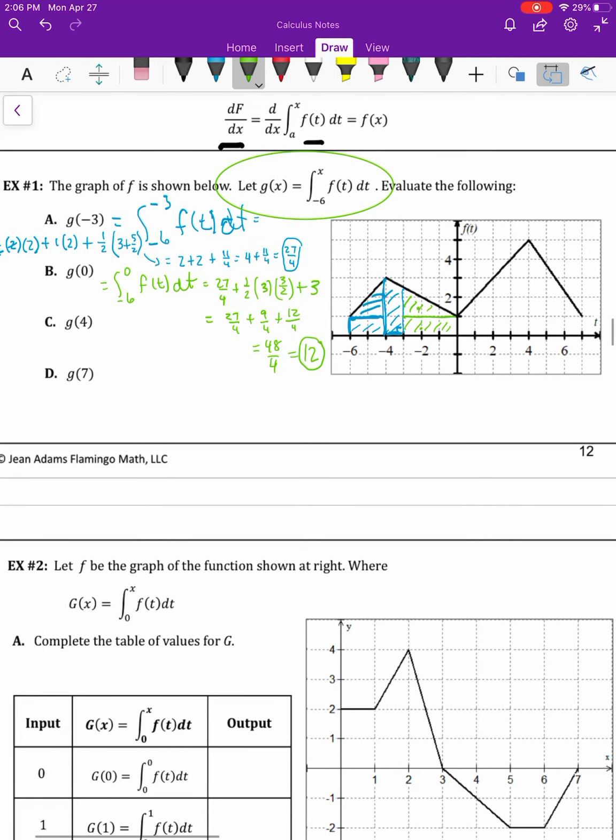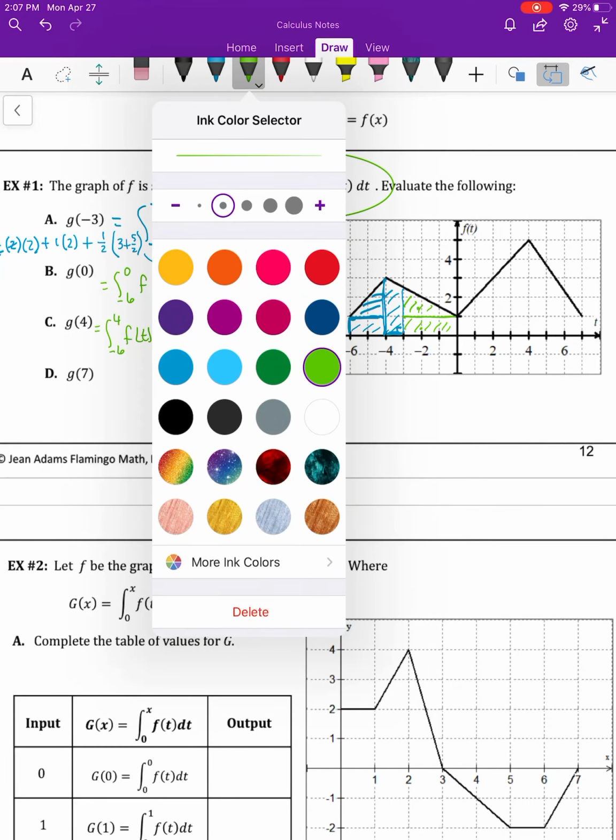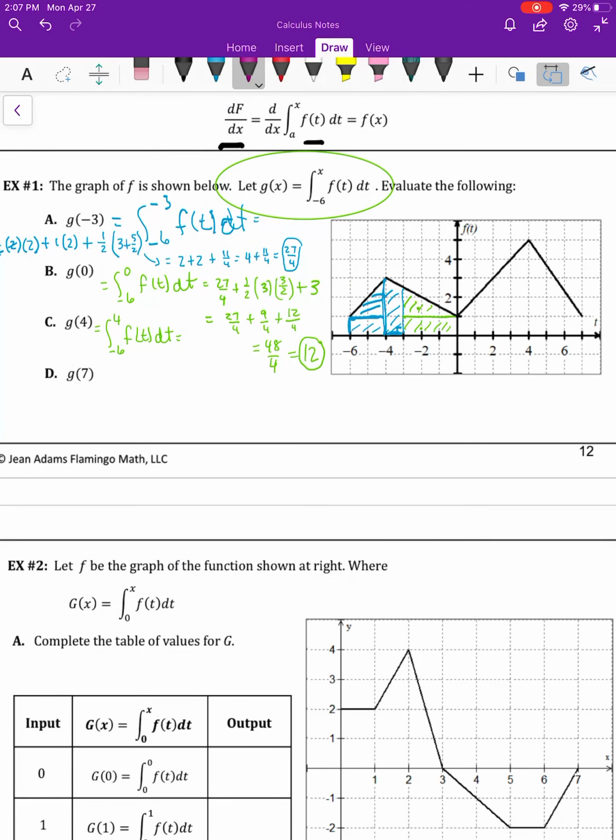And now we've got g of 4. So that is the integral from -6 to 4 of f of t dt. So now I think I'm going to choose a different color. We're going all the way to 4. And you can choose to split it up differently than me if you want to.